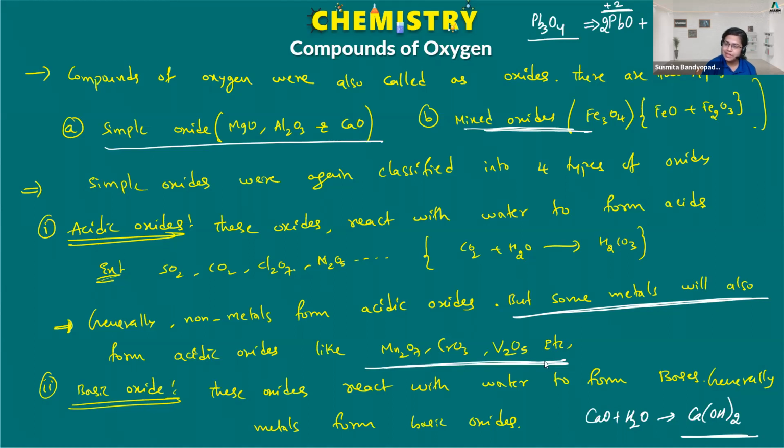In spite of being metals, these can form acidic oxides. The metals generally form basic oxides. Non-metals generally form acidic oxides. But metals like manganese, chromium, vanadium still form acidic oxides. Important point to be noted: they are metals, but they are not forming basic oxides. They are still forming acidic oxides.